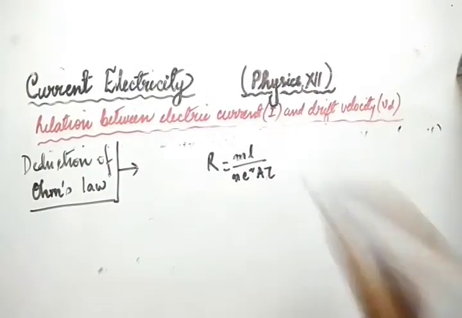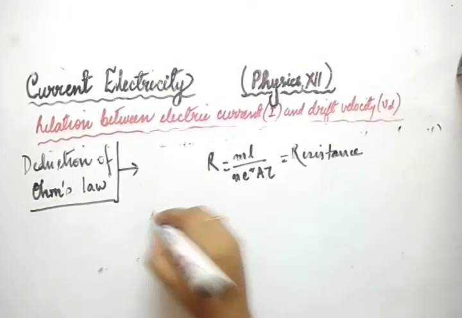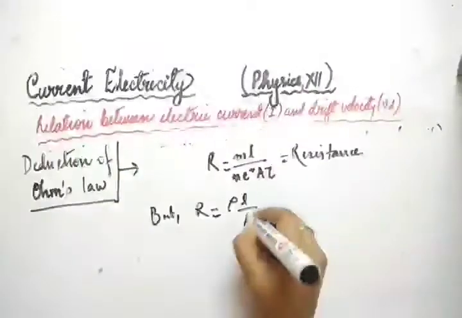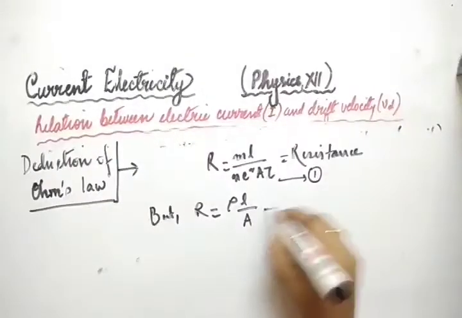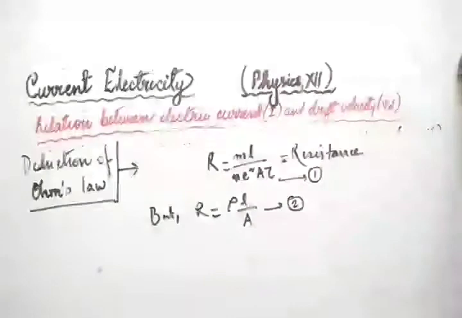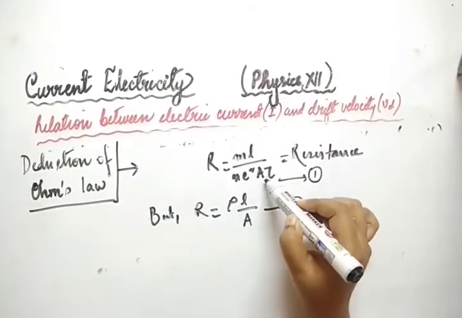Okay, so this is our resistance. But we also know resistance formula is rho into L by A, where rho is the specific resistance. Now if we compare 1 and 2, L and A is already present.